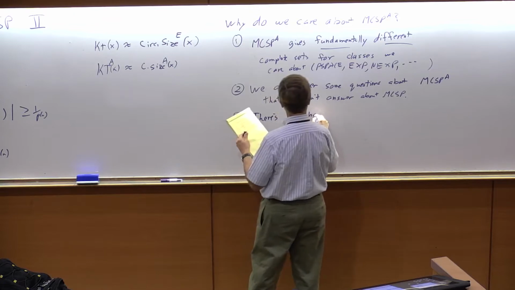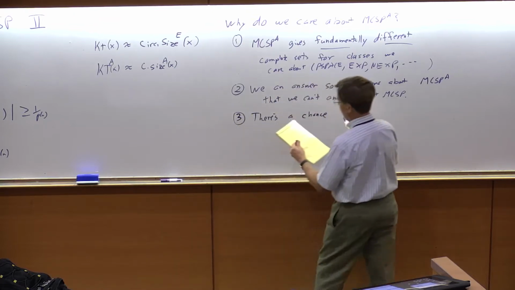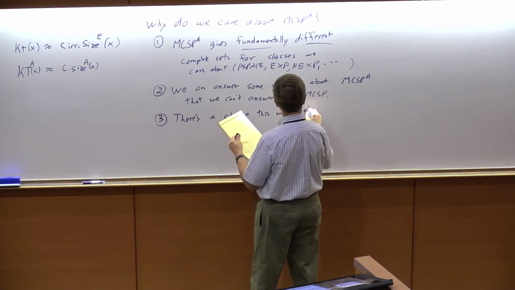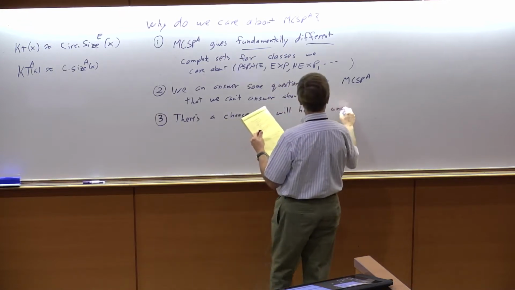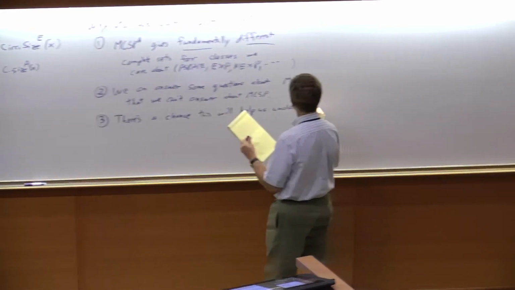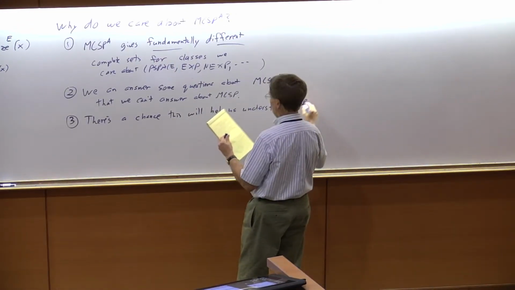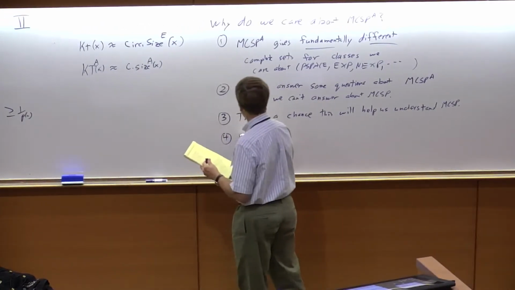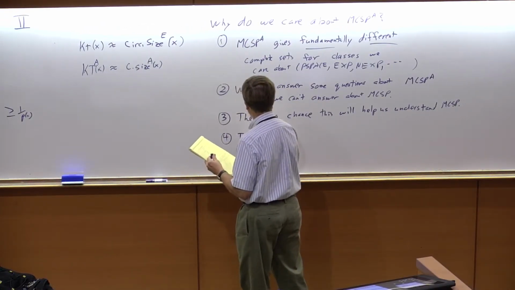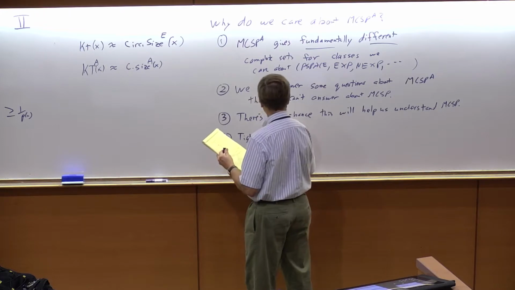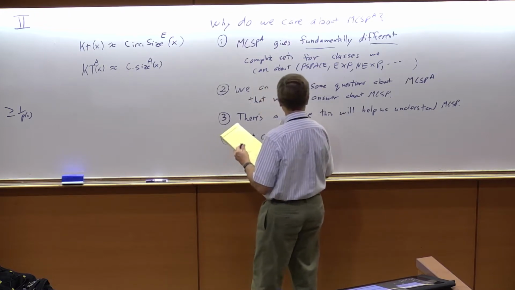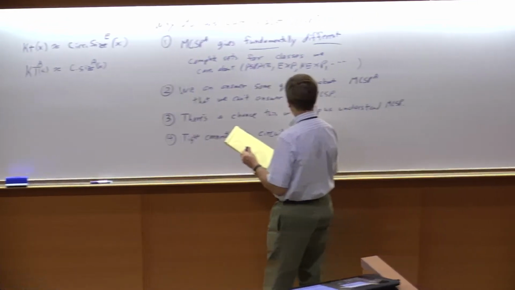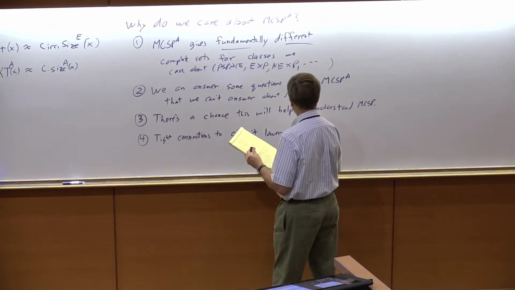There's a chance this will help us understand MCSP without the oracle. And number four, tight connections to circuit lower bounds.